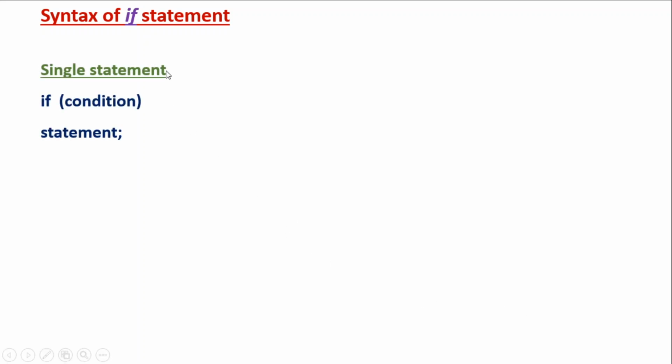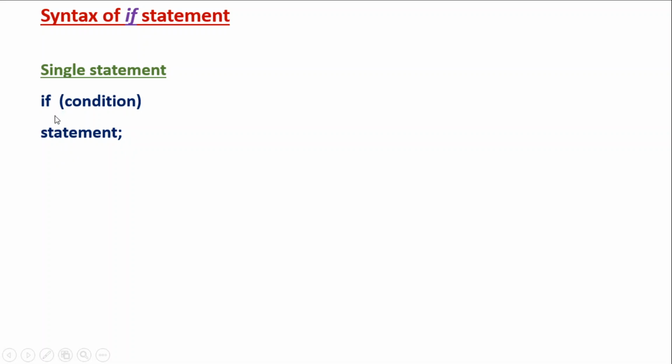If it is a single statement, this is how we write it. We write the if keyword, then in brackets you write the condition. It can be anything like if y not equal to 0 or z less than or equal to 10,000, or something like that. And then you write the statement.